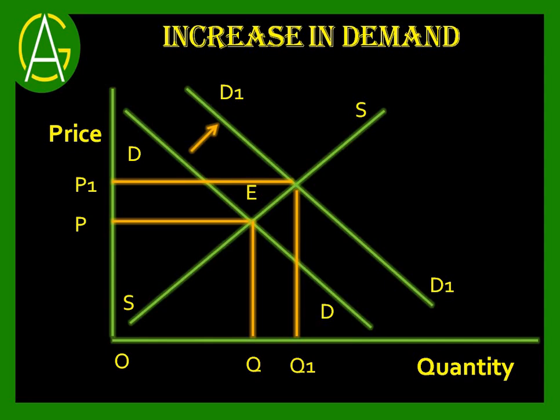If there is increase in demand, it means that more demand will be there in the market, so the quantity is going to increase, and as a result of increase in the demand there will be shortage in the market, and as a result of shortage in the market the price will also increase. So equilibrium quantity will increase and equilibrium price will increase. This is the answer of the question.